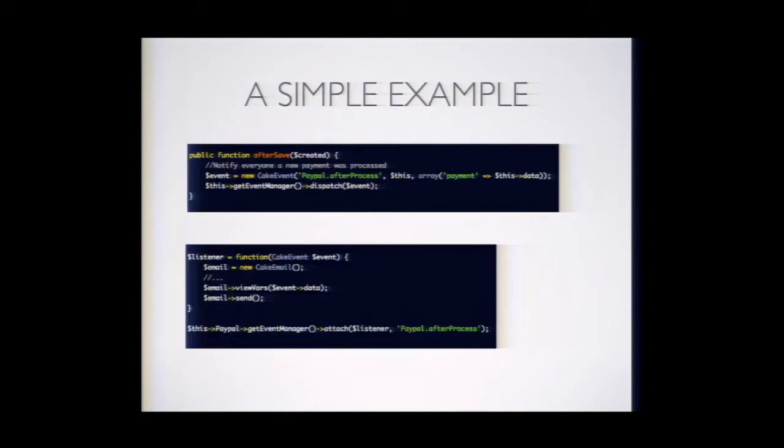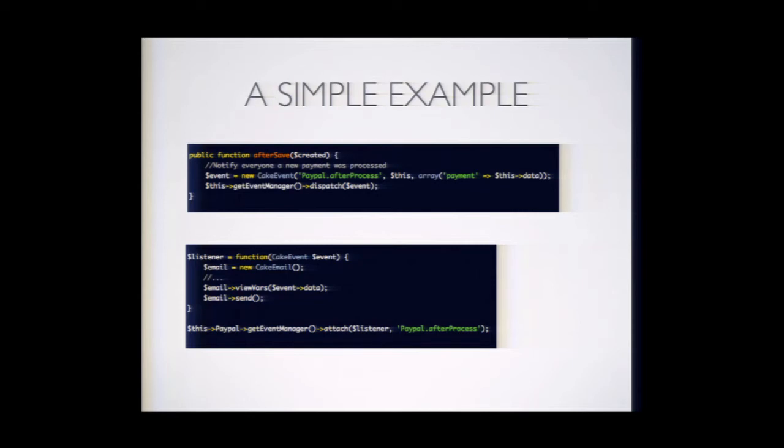So this is a simple example, similar to what I showed you yesterday in the workshop. We have an after-save callback in the model, and from that after-save callback, we trigger another one, which is PayPal.afterProcess. And we send the second param, a subject, which is the object that is triggering the event, or it could be another object that is actually the closest association to that event that is being triggered.